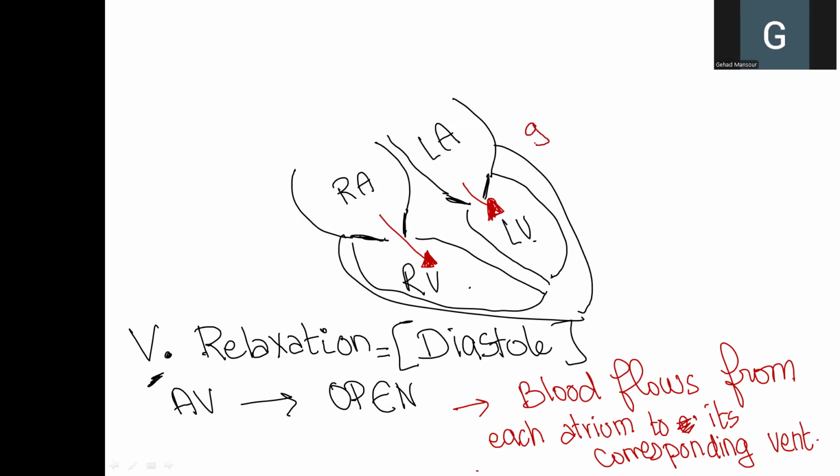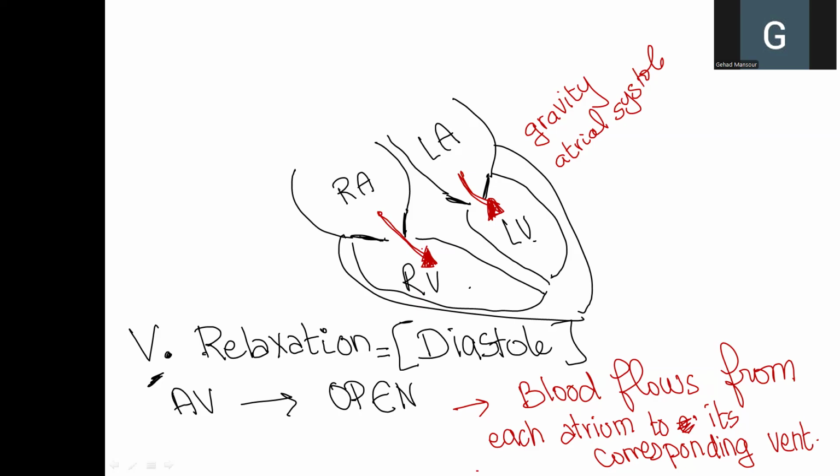Actually, blood flows by gravity, during that period, while the ventricles are relaxed. But at the end, there is a small atrial contraction or atrial systole in order to push some more blood from the atria to the ventricles. This is what happens during ventricular relaxation.